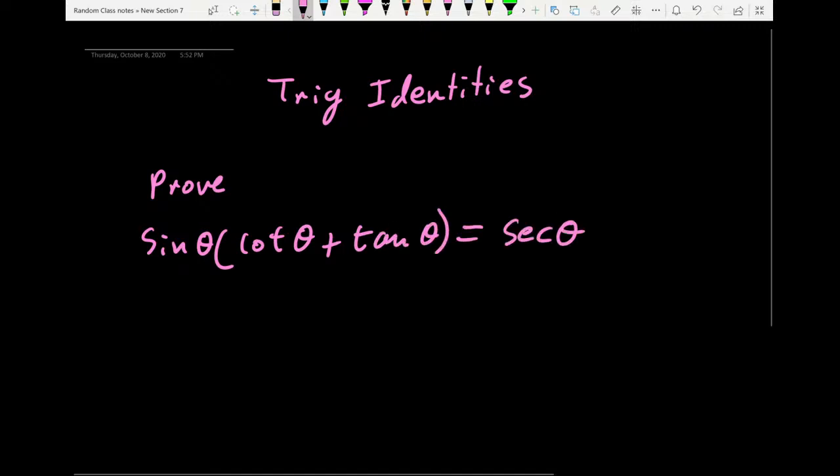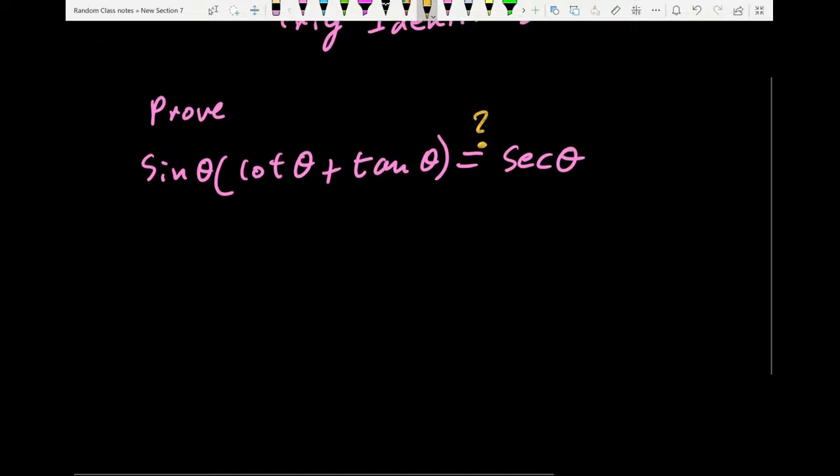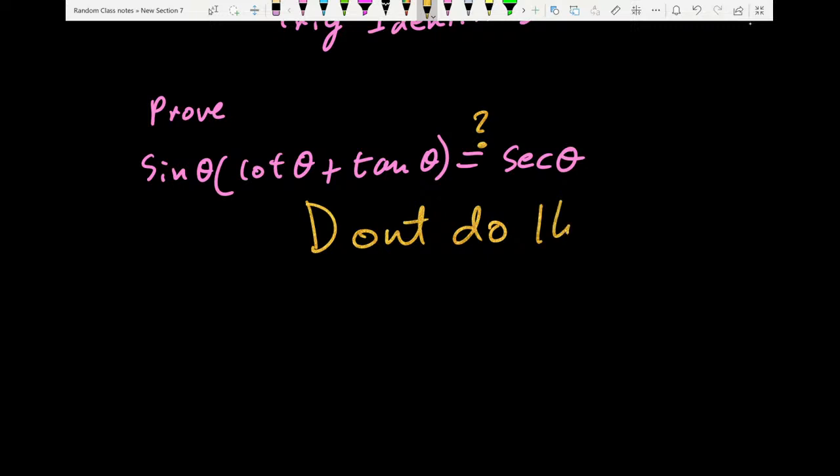You have to prove that. Whenever you have to prove that equality, you cannot just start with the equation and work on both sides. Don't do this.